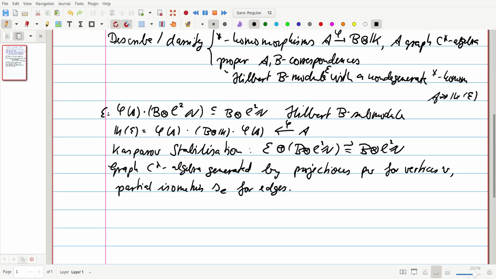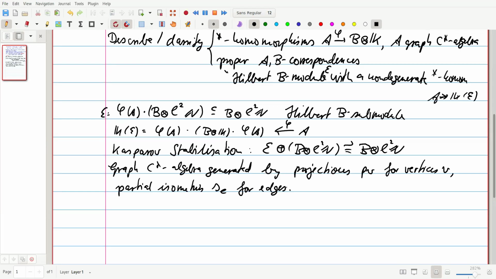Now, a first trick, which might be very well known to you already, is that you can combine these partial isometries into a kind of unitary between two projections, or into a Murray von Neumann equivalence between two projections, if you like.